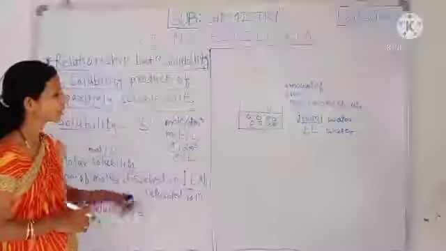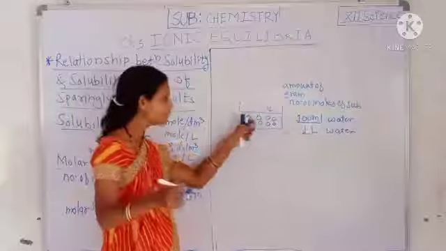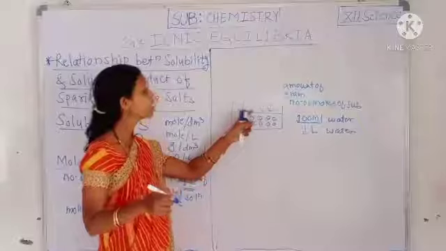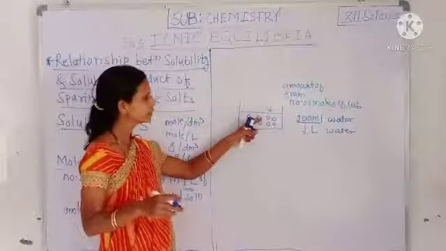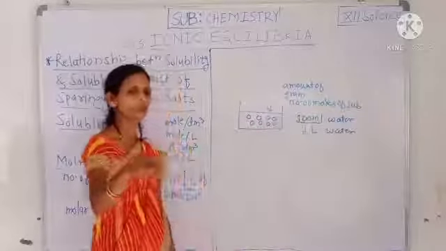If the saturated solution is 1 liter and it contains the total number of moles of that sparingly soluble salt, then that is the molar solubility.